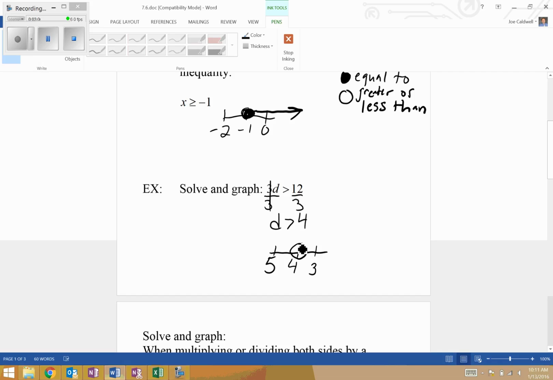Now, 5 would be that way on a number line, because you'd have 2, 1, 0, right? So in order for d to be greater than 4, it has to be any number that way on the number line. So that's how we would graph that. Just a little arrow, a very simple graph.